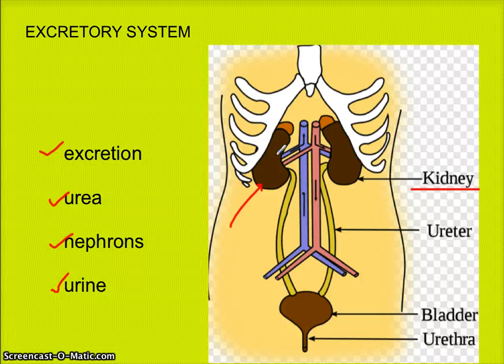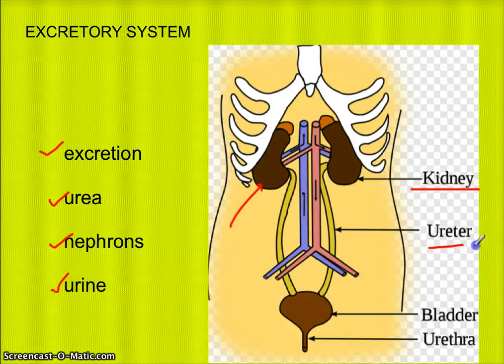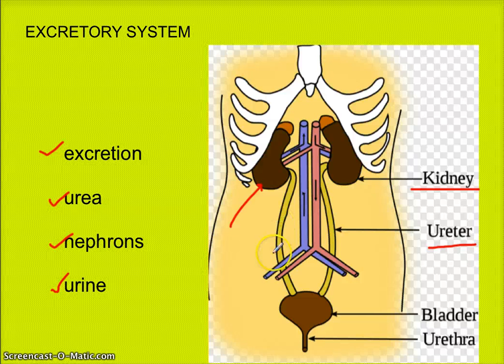Urea and water move out of the blood and into a tube called a ureter. And you can see this yellow tube that travels a pretty good distance. It travels from your heart area to around your waist area.